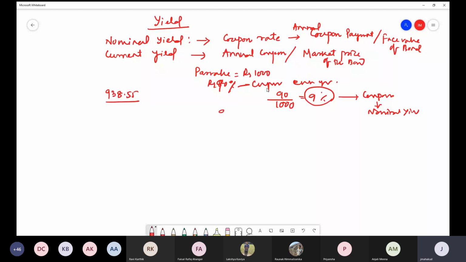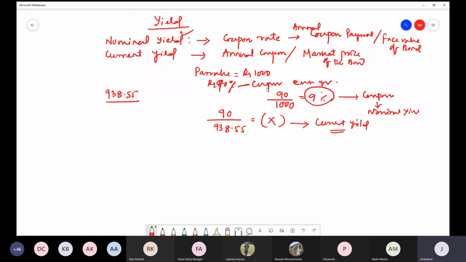Then 90 divided by 938.55, whatever you get, will be your current yield. So annual coupon divided by the market price gives you the current yield, and annual coupon payment divided by the par value of the bond gives you the nominal yield.